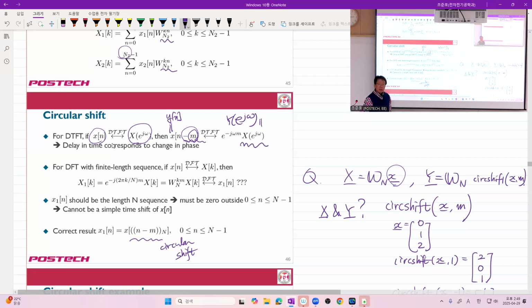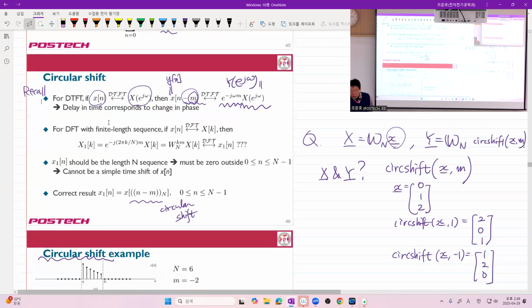The original signal's DTFT times the linear phase vector. So this is a recall. Now, do we have something very similar in DFT? But in DFT, we cannot delay the signal, right?